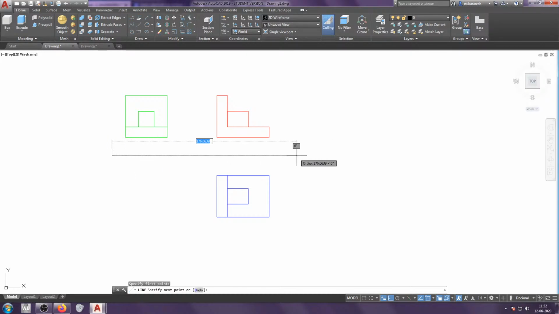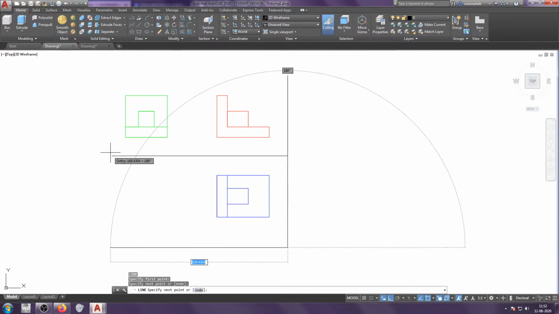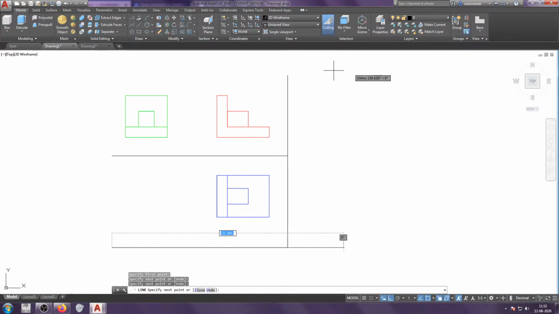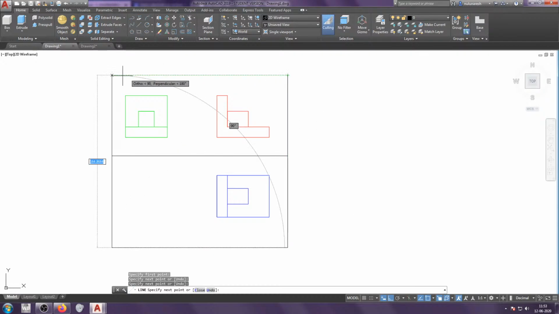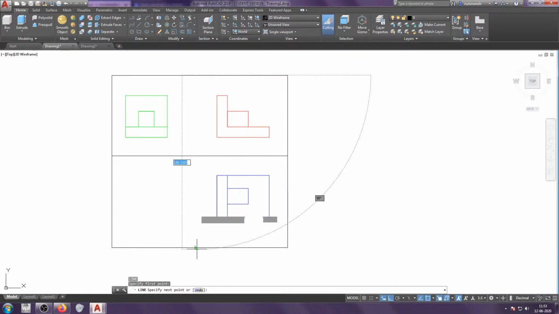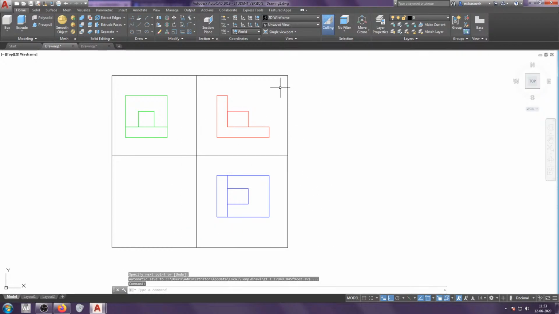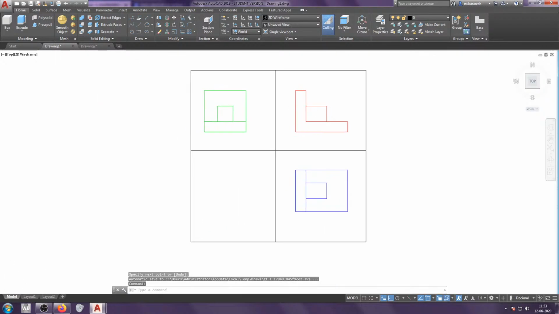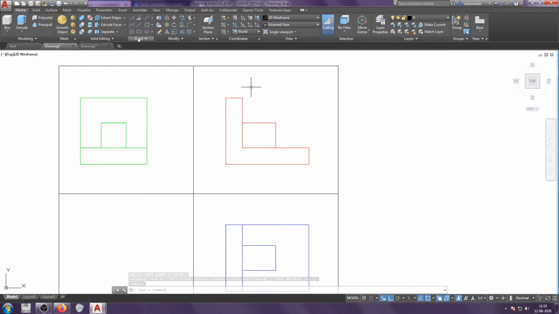Is it really a first angle projection, since we have taken the side view onto the right? I'm going to give the dimensions.